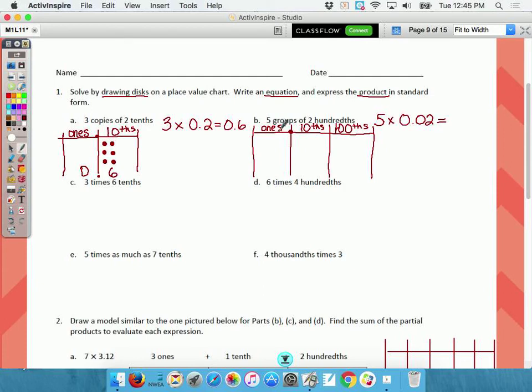So, even though I'm writing the 5 first, I'm not making 5 dots. How many dots am I making? 2. And I'll do 5 rows of 2. Now you can regroup.